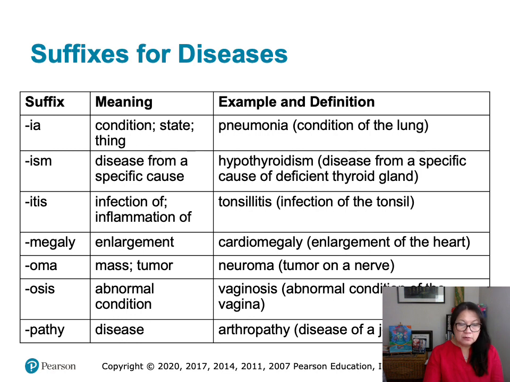An example word that contains this suffix is vaginosis, which means abnormal condition of the vagina. Last but not least, the suffix -pathy means disease. When put together with the combining form arthro, it makes the medical word arthropathy, which means disease of a joint. Other examples that use the suffix -pathy are neuropathy and retinopathy.